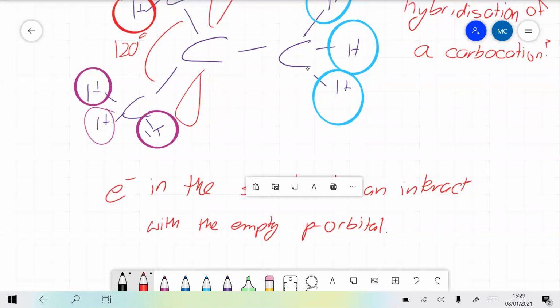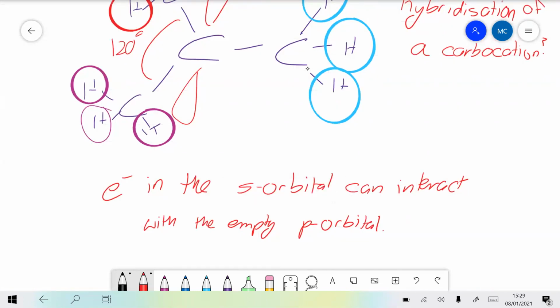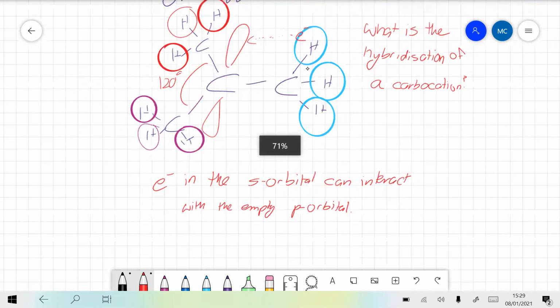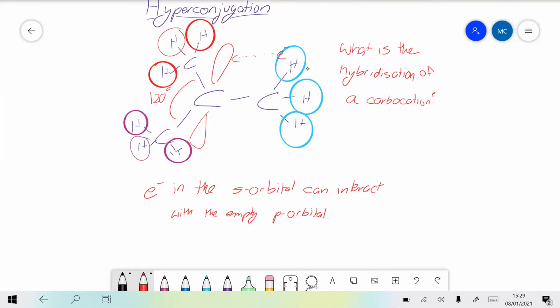So what do we get? We end up in a situation where the more CH3s we have, the bigger the number of s orbitals that we will get. Okay? The more CH3s we have, the number of s orbitals that can interact with the p orbitals.